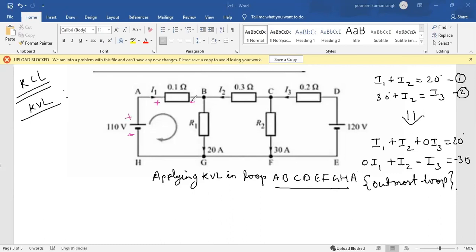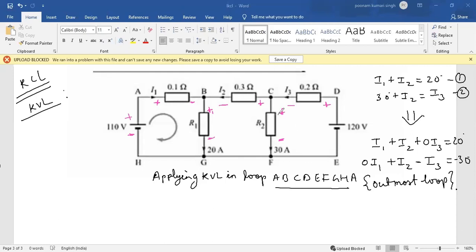So it enters at plus, leaves at minus. Coming like this, it enters at plus and leaves at minus. Why I'm not marking here is because I don't need to, but still it is going like this, entering at plus and leaving at minus.